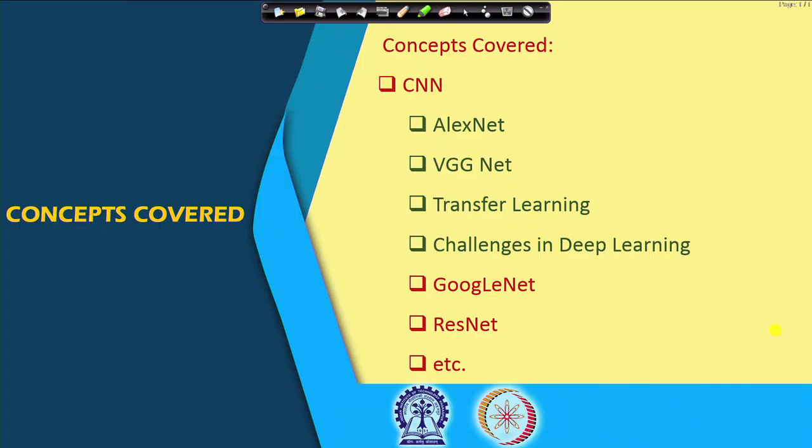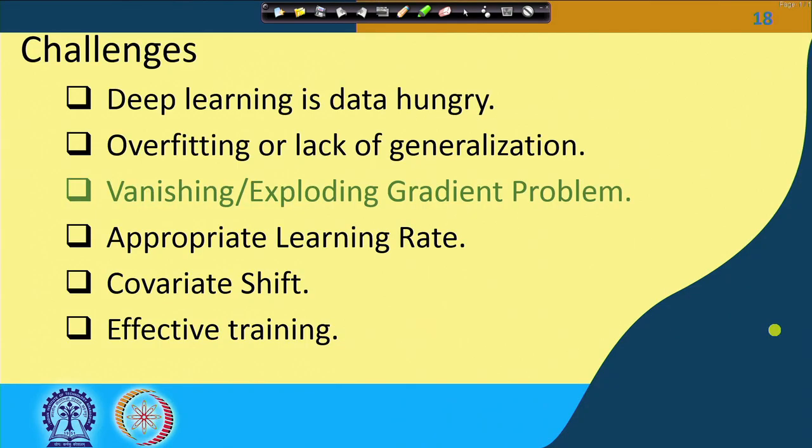So, we have talked about the challenges in deep learning, and let us recapitulate what those different challenges are that we have seen.